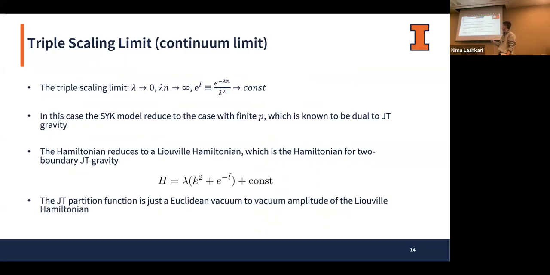Oh no, I'm not coupling to random matter here. I'm just pure gravity. I'm talking about the simple case where I have just one type of code that is pure gravity. If you consider random matter and take this limit, things become very complicated, and I don't have a very nice theory for that.